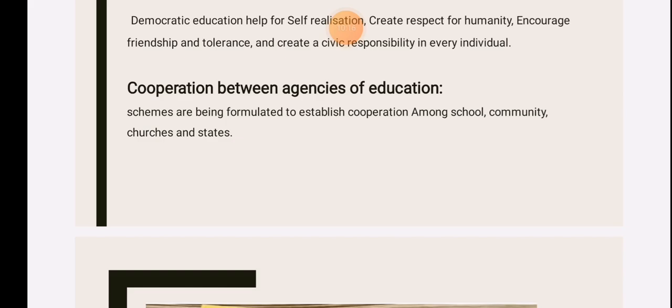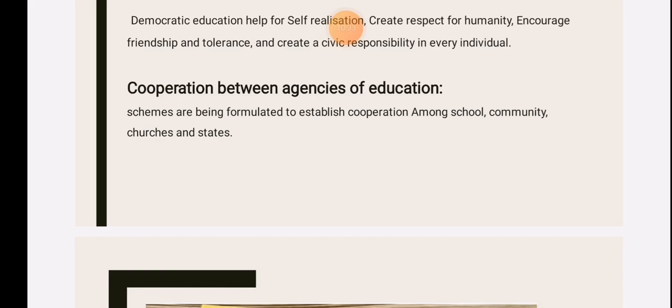Schemes are being formulated to establish cooperation among school, community, church, and state. Cooperation between agencies of education means we have a lot of educational agencies like family, religion, and society.